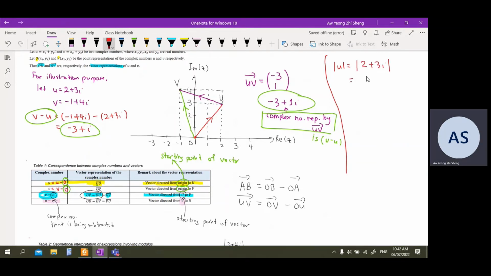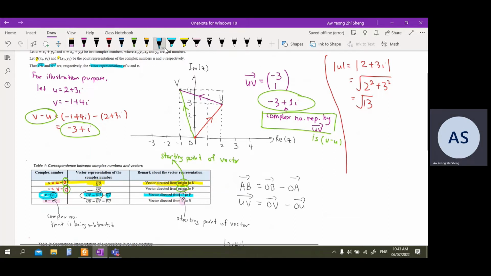Taking the formula square root of x squared plus y squared, that will be the square root of 2 squared plus 3 squared, and that is surd 13. If you calculate the length of your red colored vector in the diagram by Pythagoras' theorem, you would also get surd 13.